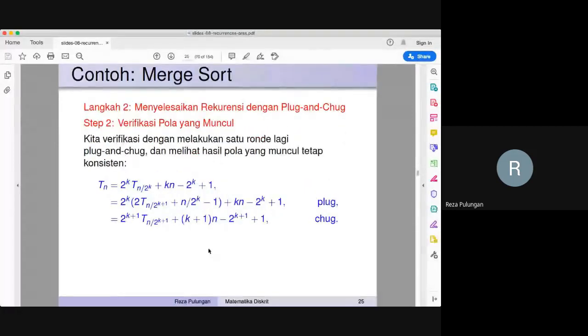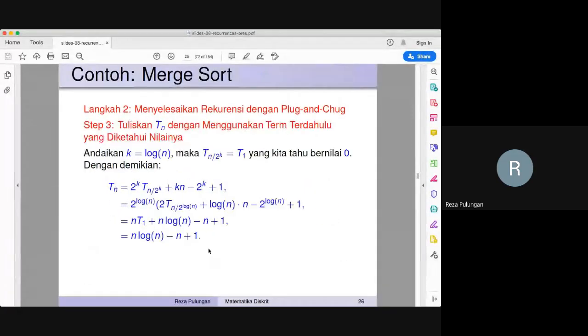Okay, let me return to the slide. Oh, that means we said k is equal to the logarithm of n. When k is equal to the logarithm of n, then Tn divided by 2 to the power of k is equal to T1.